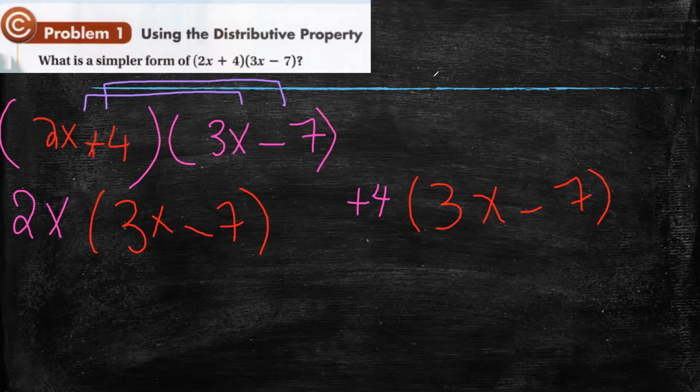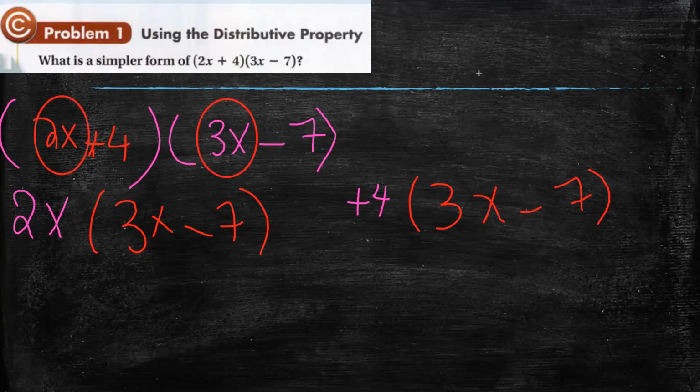The first step: I multiply 2x with 3x, then 2x with negative 7. Then I multiply 4 with 3x, and then 4 with negative 7.